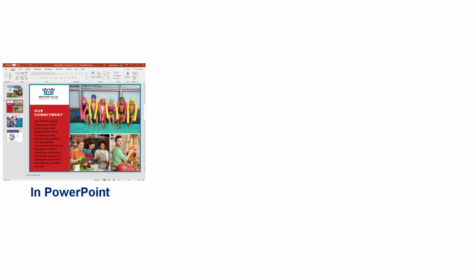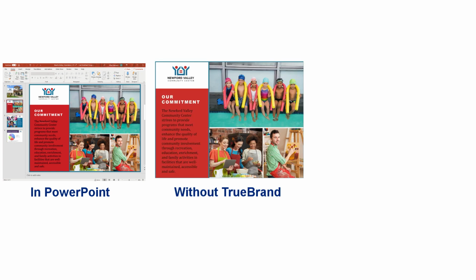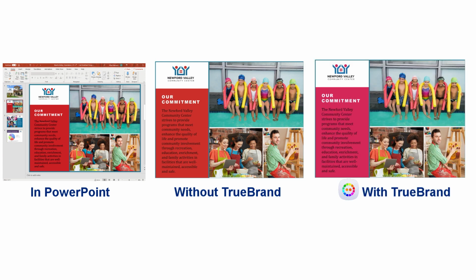So let's look at an example of the visual differences in the logo colors with and without Fiery TrueBrand. Here's what we saw in PowerPoint. And here's what the document would look like if we left the RGB values as is. Now, here's the document printed after TrueBrand mapped the RGB values to the correct brand color.